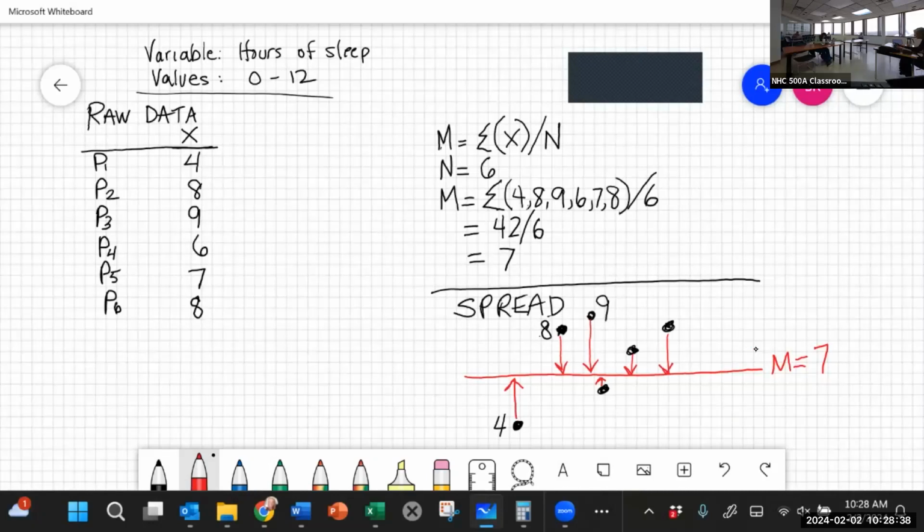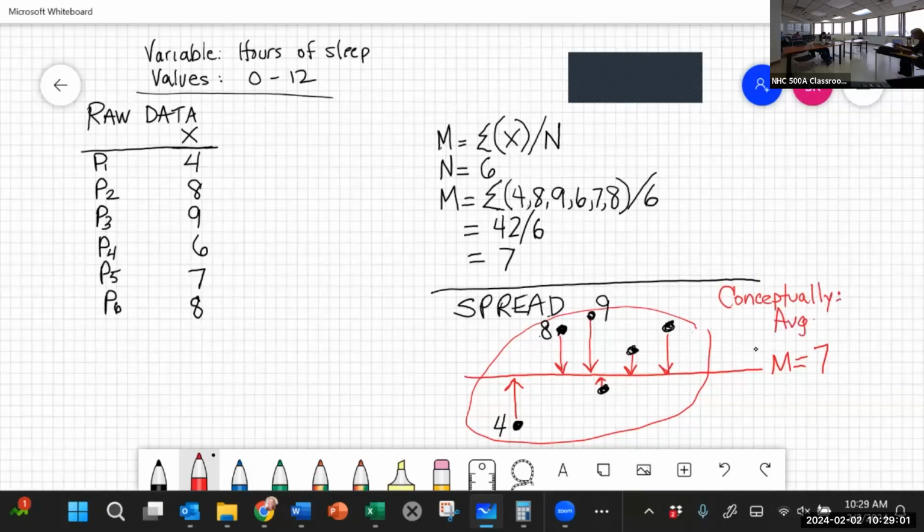And what we're interested in is how far these scores are from the mean. So we're interested in these distances. And what we're doing when we figure out spread is, conceptually, we're figuring out the average of all those distances, conceptually, not quite mathematically.